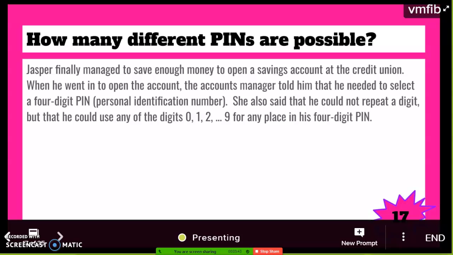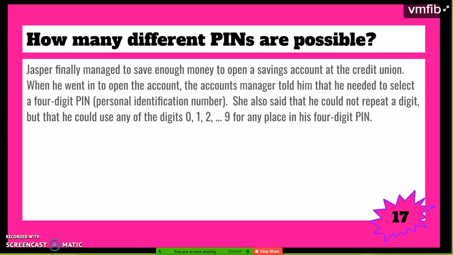So this is a lot like the problem you just did with Marco's class schedule. It is also a permutation because the order that you put your personal identification number digits in matters. The difference being that Jasper here has 10 different digits that he could use for his PIN number, which makes N 10.